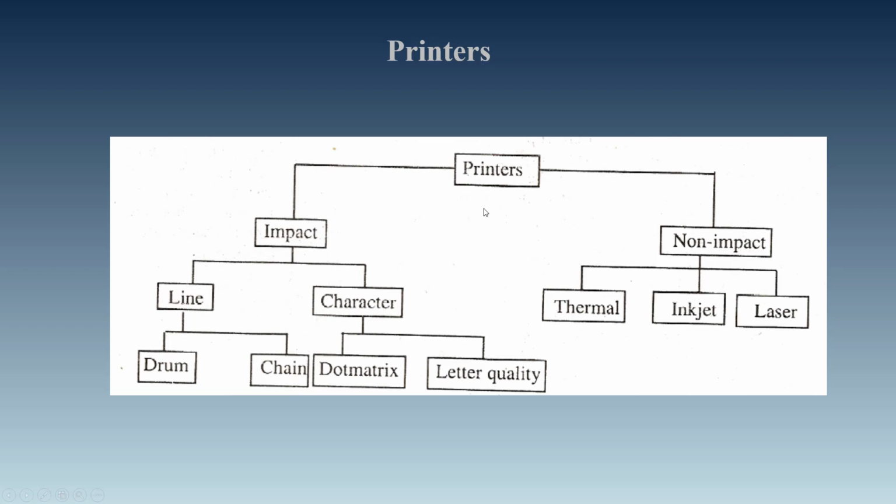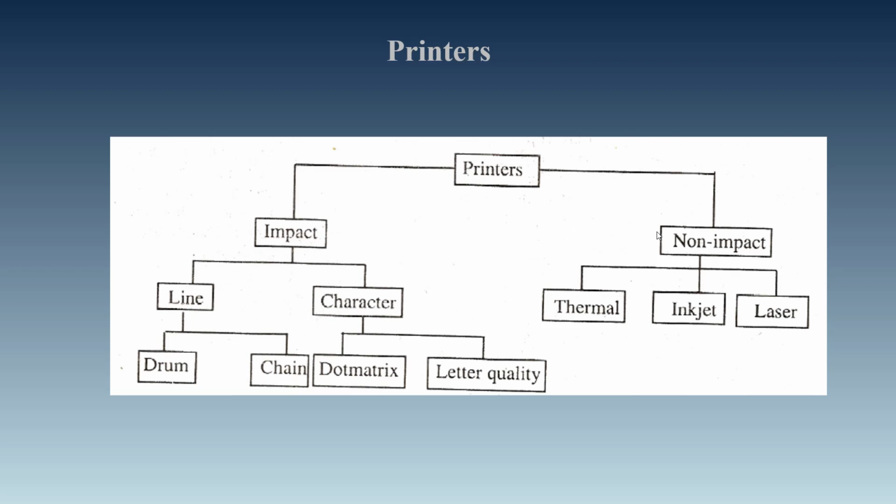But if we go into details, printers can be classified into two types. The first one is the impact printer, and the second one is the non-impact printer. The main difference between impact and non-impact is that there is an object in the printer which we call the print head, like your hand. You use your hand to write anything on the paper.